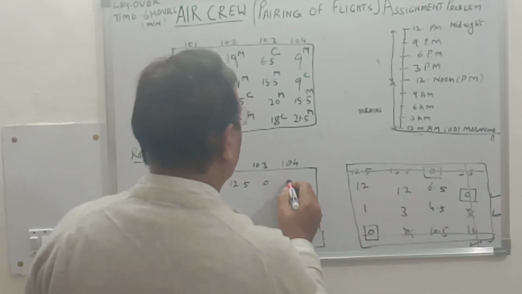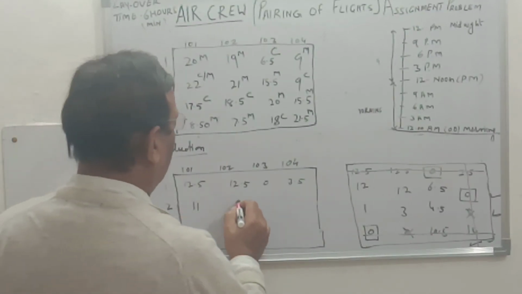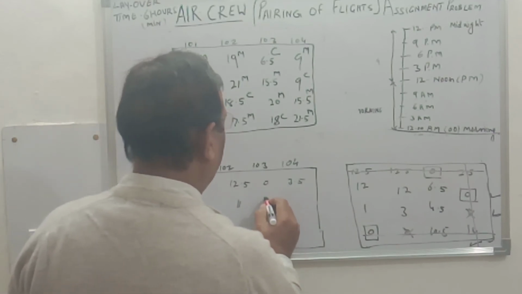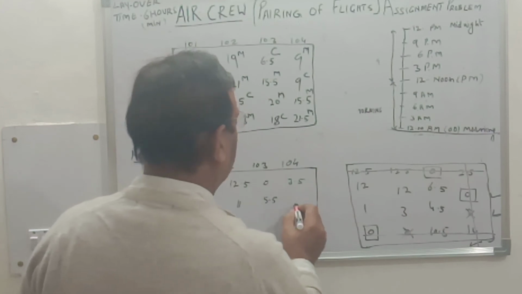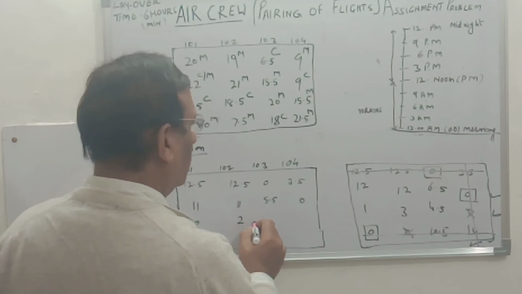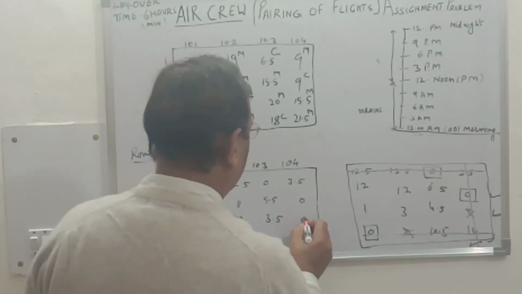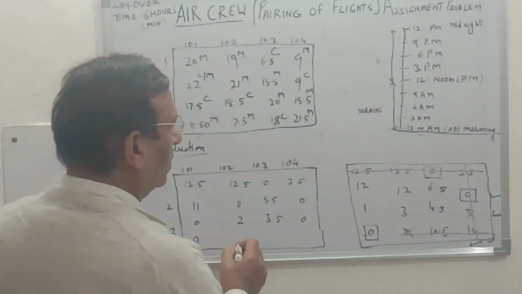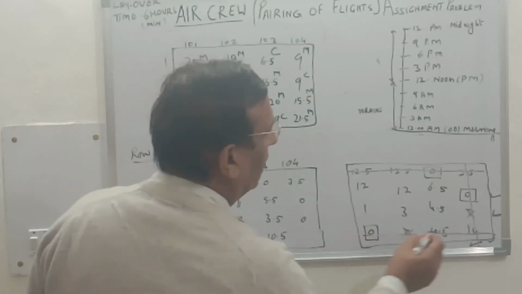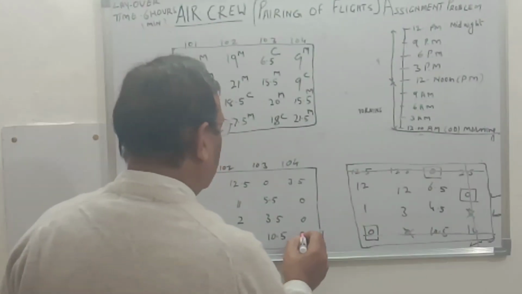Here 2.5 plus 1 is 3.5. 11, 11, 6.5 minus 1 is 5.5, and this is 0, 0, 2, 3.5 and 0, 0, 0, 10.5, and this is 14 plus 1, 15.